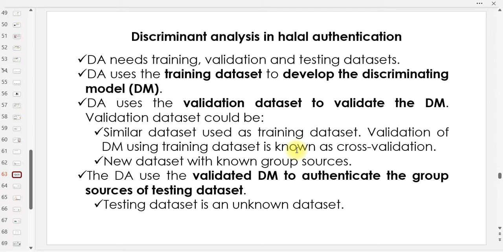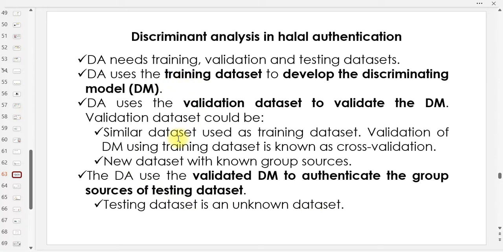This is just nomenclature. The validation can also use a new dataset with known group sources. Then discriminant analysis will use the validated discriminating model to authenticate the group sources of the testing dataset. The testing dataset can also be considered an unknown dataset. So if you have unknown data, we can try to predict which sample source those data belong to.